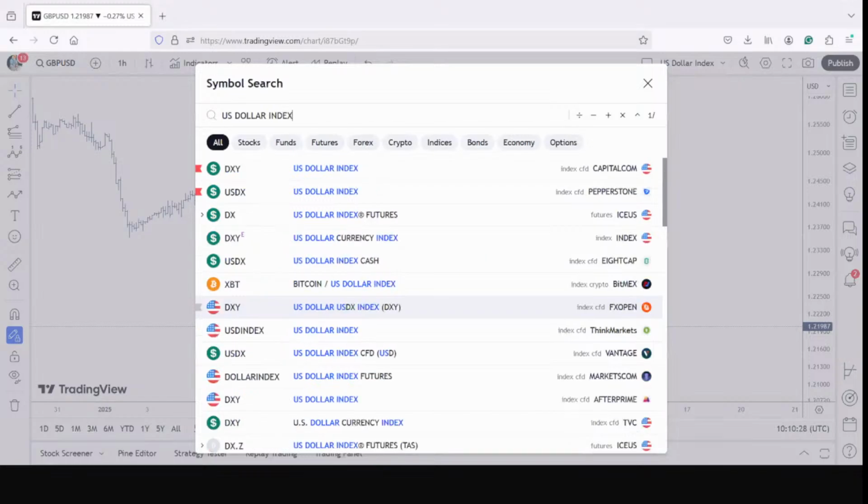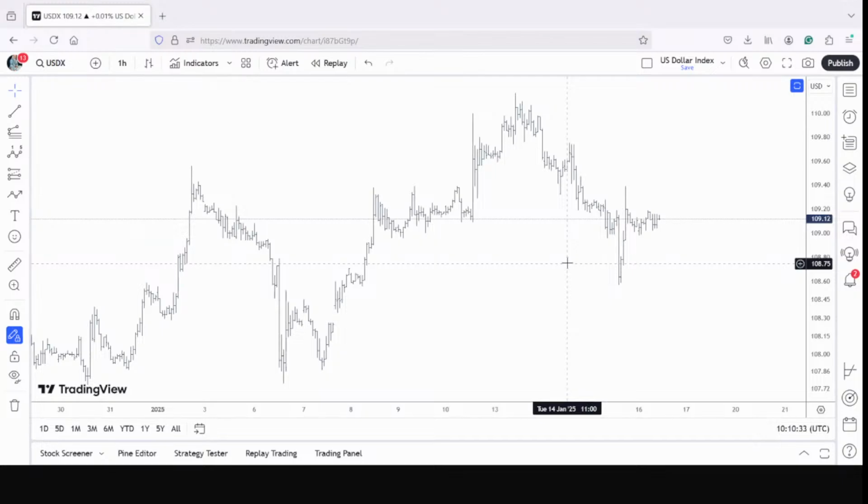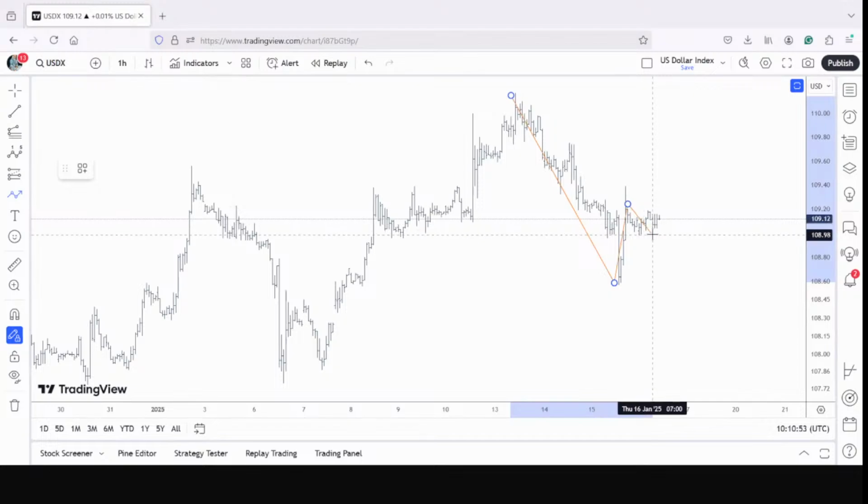But let's not lose sight of where we are looking for the dollar index now. The dollar index now is projected for a three-wave corrective move higher, and then the next move should be lower.